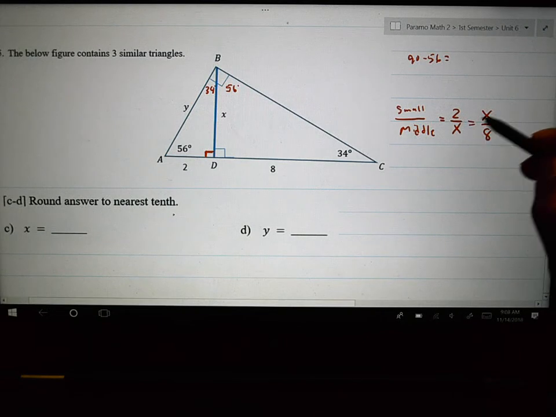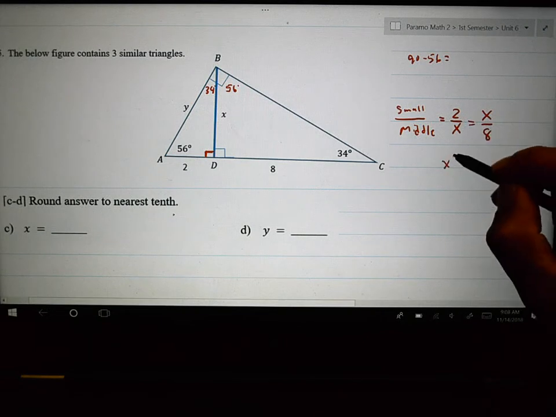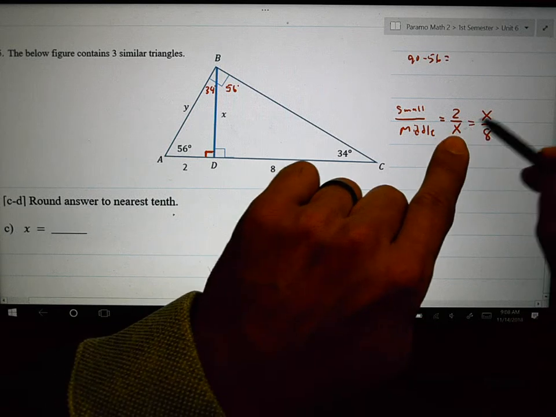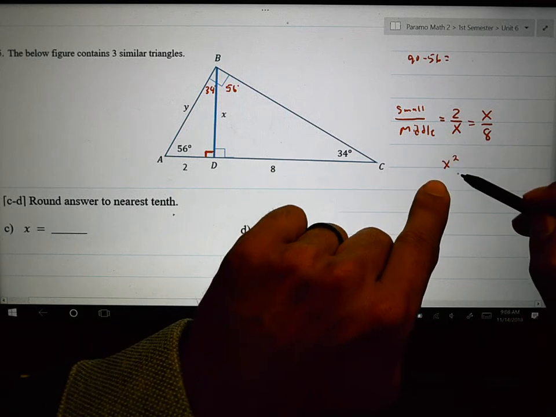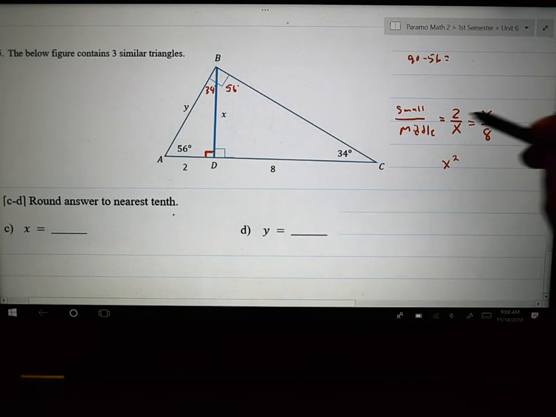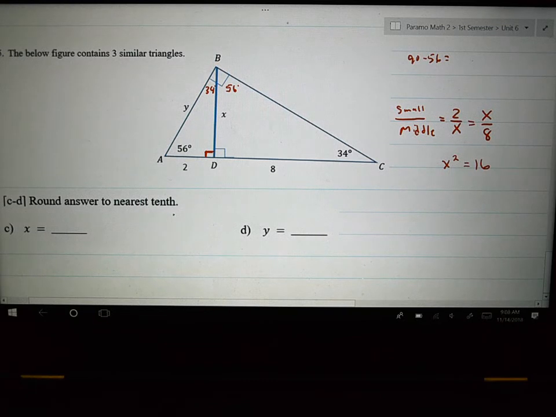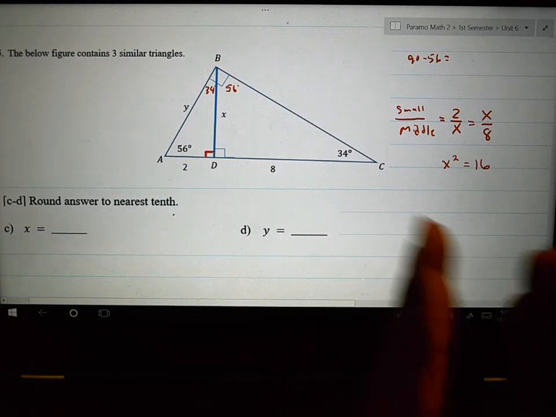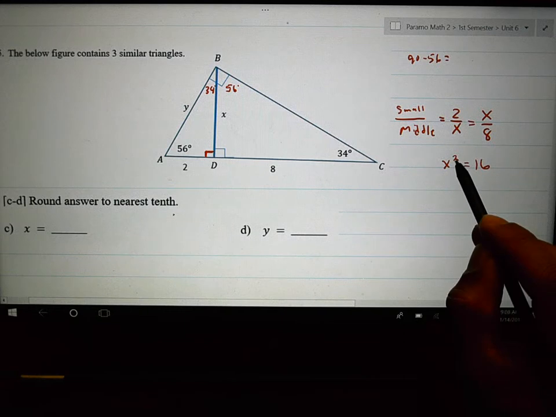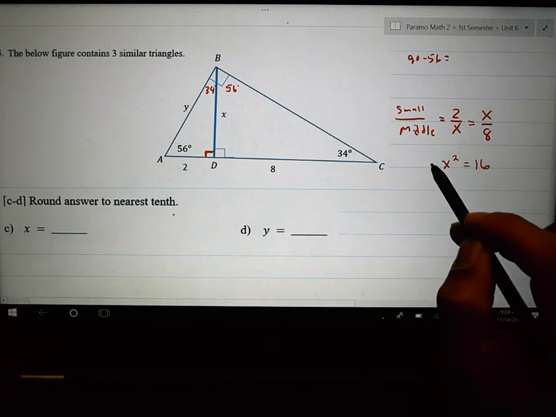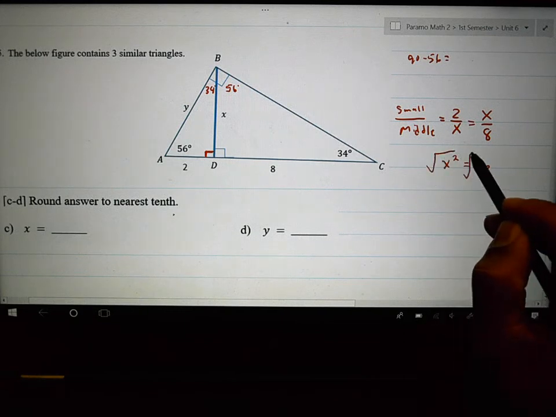X times x is x squared. You have two x's multiplying each other. This is not 2x, it's x squared. 2 times 8 is 16. What this means is you have something times itself equals 16, and the opposite of squaring something is square rooting something.